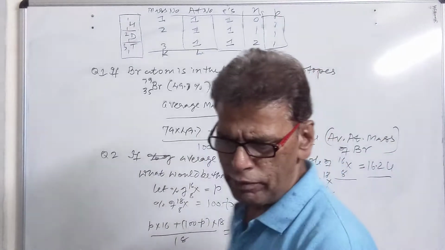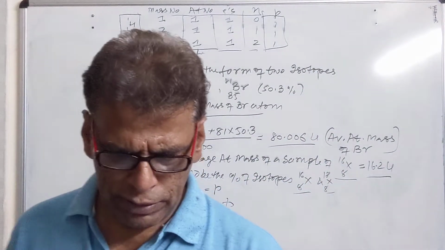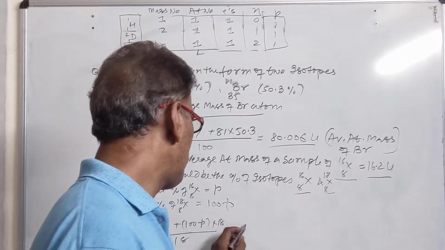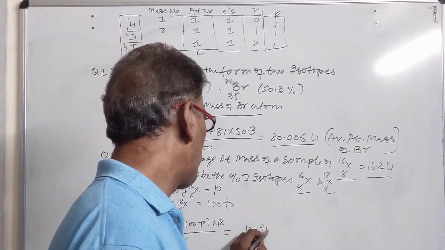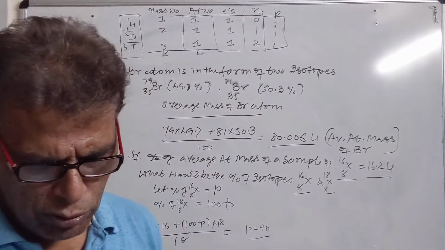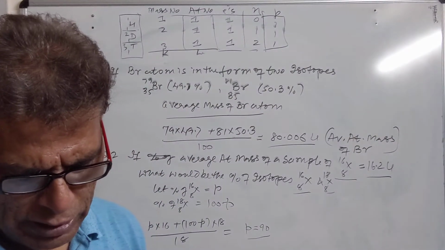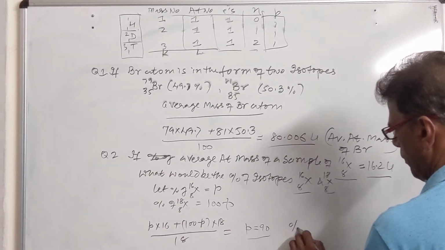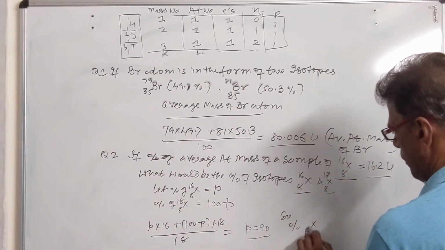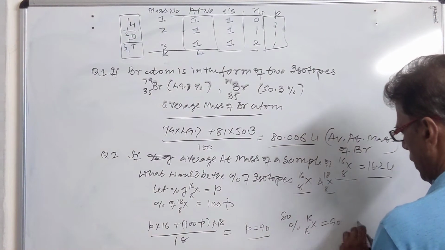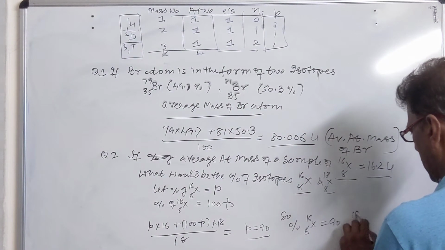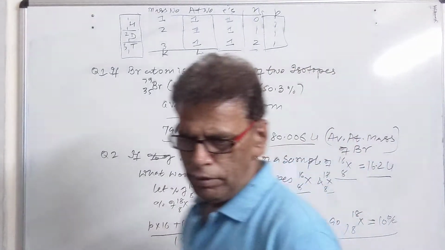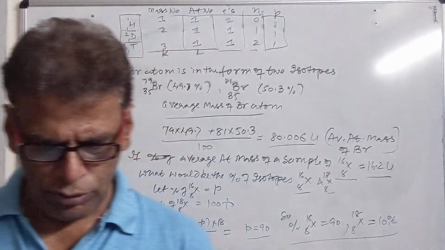This will be the average atomic mass. So this comes out to be P is equal to 90 here. Percentage of X 8 16 is 90 and that of X 8 18 would be 10 percent. So this is the percentage of these two.